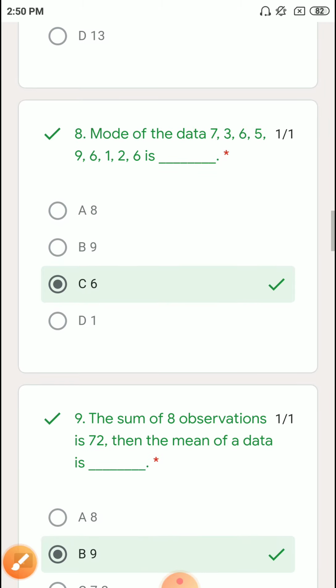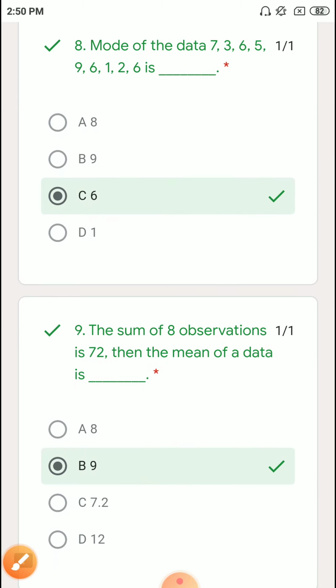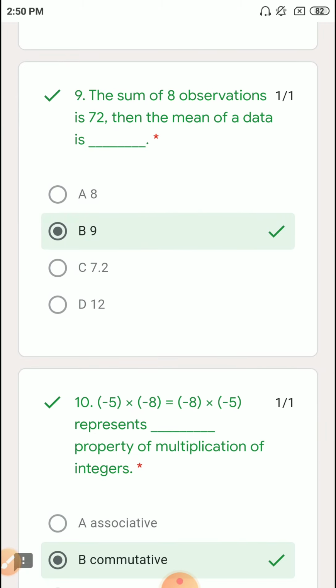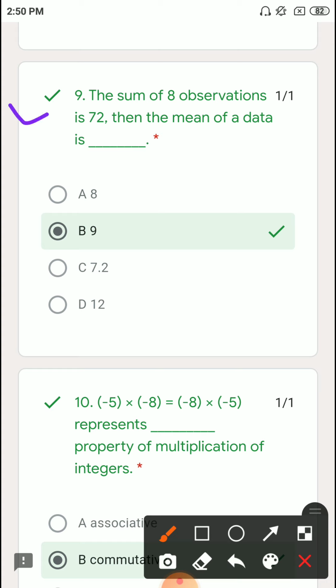Okay, after that, question number 9. Here the sum of 8 observations is 72. Then the mean of our data is... Here we need to find the mean. Okay, mean means what?